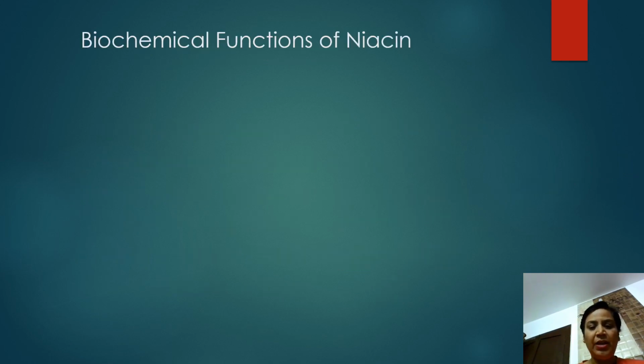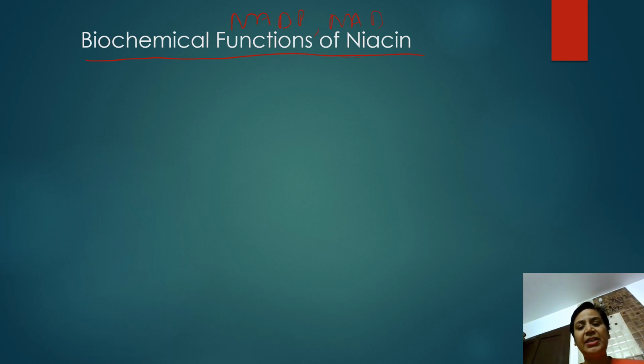Then we come over to the biochemical functions of niacin. Since I told you, all of you have seen these types of structures wherever a typical redox reaction is considered, because any biochemical reaction is a typical redox reaction.